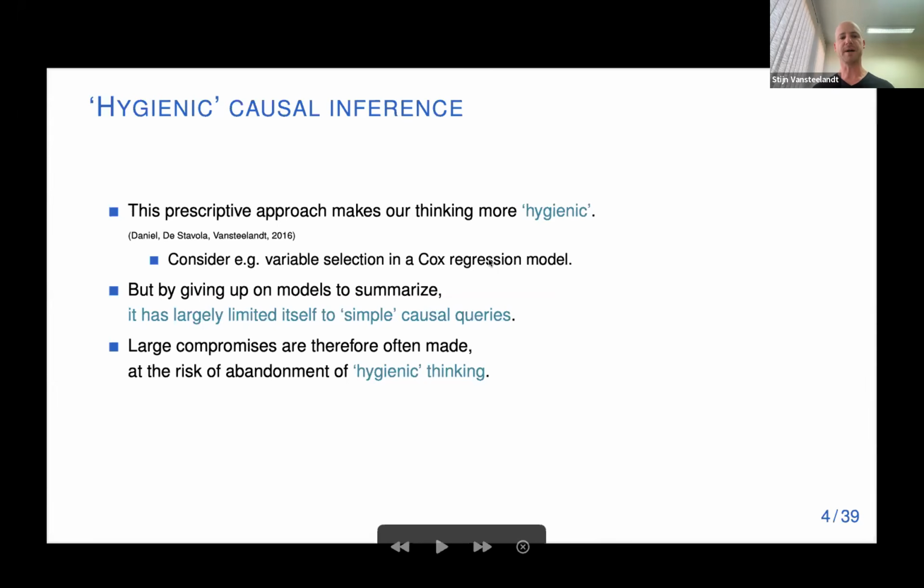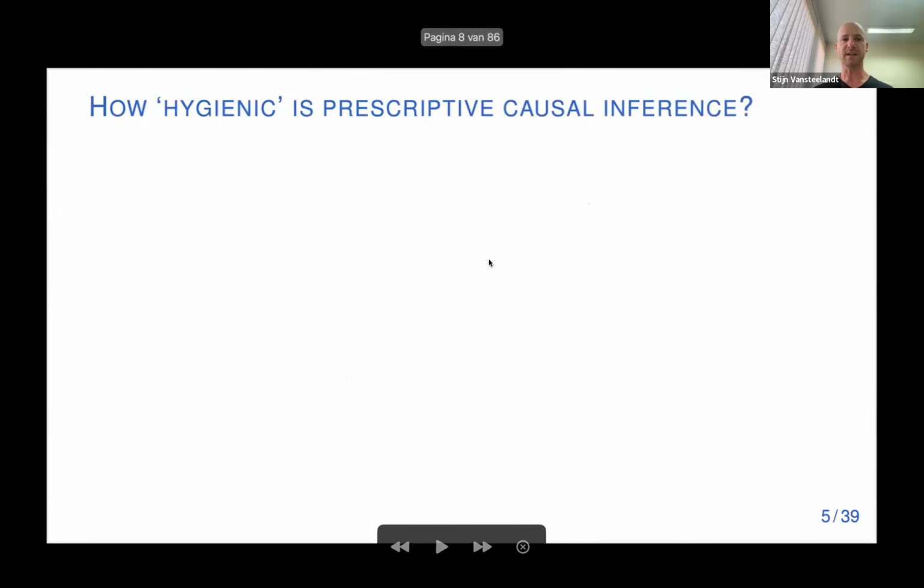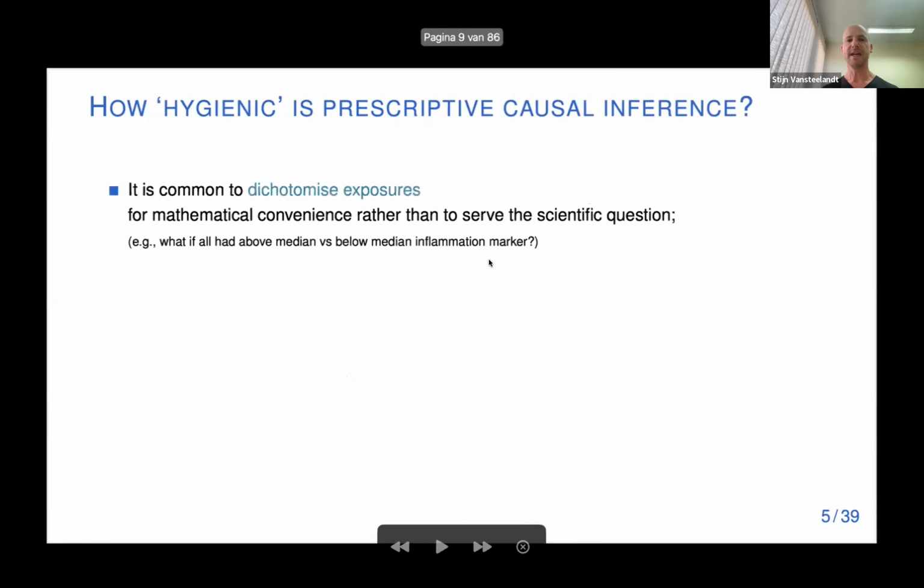And in particular, in an attempt to align our data analysis to the settings that have been worked out in the literature, I believe that large compromises are sometimes made at the risk of abandonment of this hygienic thinking. To make that a little more clear, it's not uncommon to see that people dichotomize exposures more for mathematical convenience than to serve the scientific question.